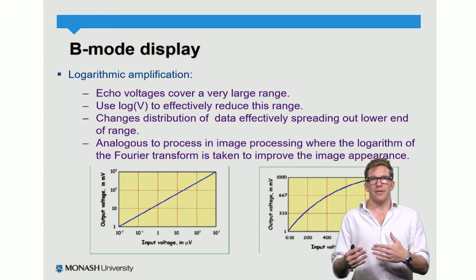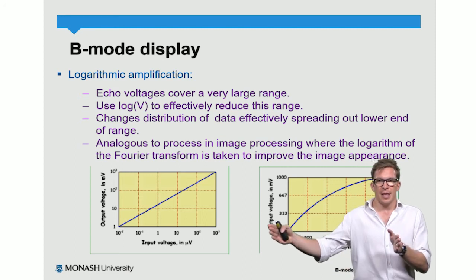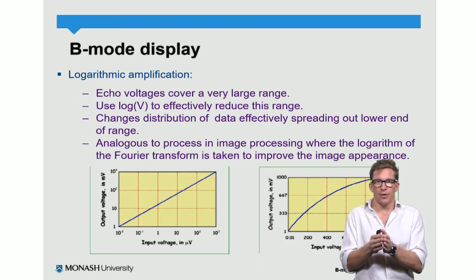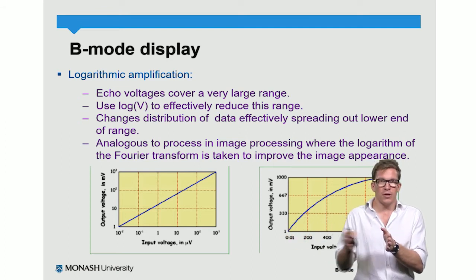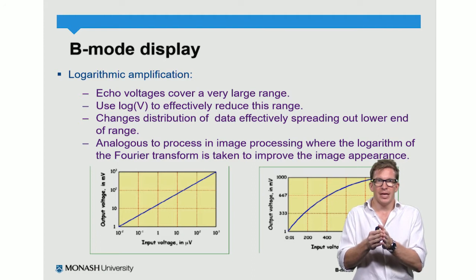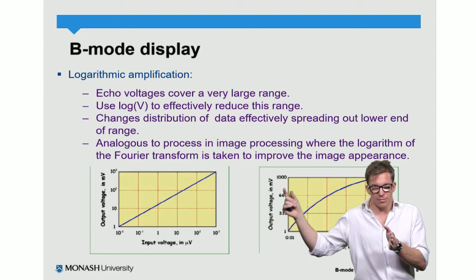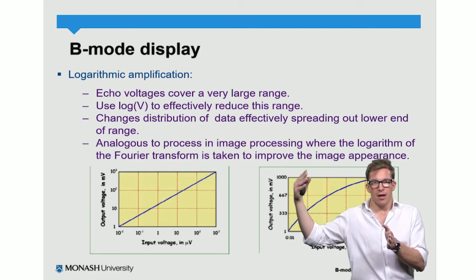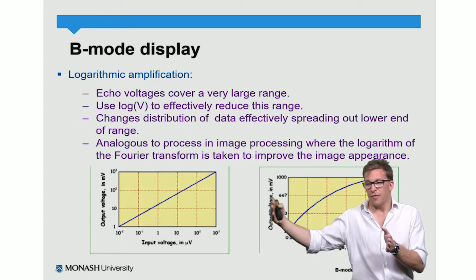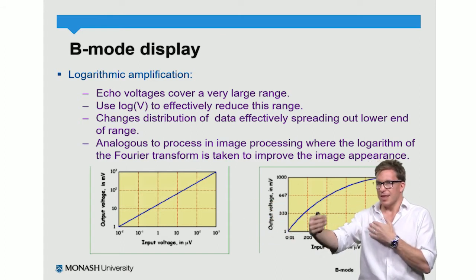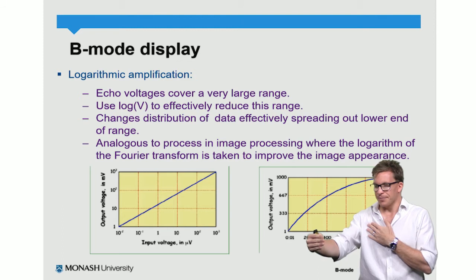So we've seen previously that the strongest returning echo isn't necessarily from the strongest reflection, sorry. So if I've got some bone at some depth, that's going to be my strongest reflector.